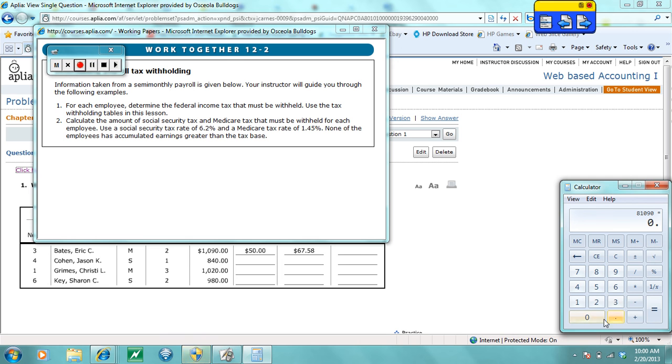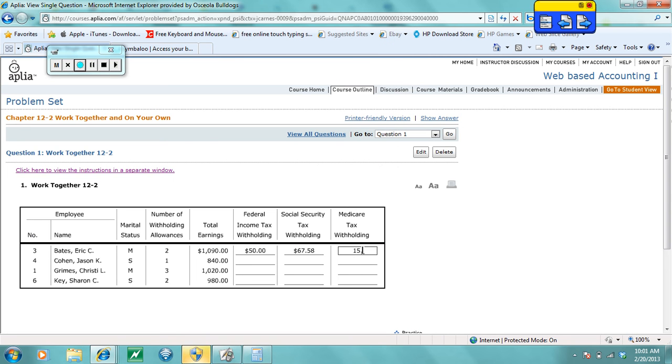Times 0.0145. Whoa, that's way wrong. It should be smaller than this. So I've done something wrong. Yeah, $15 and what? 80 cents or 81 cents? Hopefully you came up with $15.81 because we round up. Okay, see how easy that was?